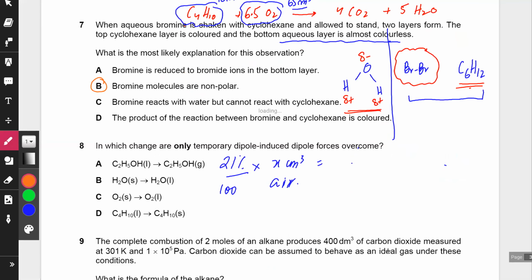Now you'll ask, in which change are there only temporary dipole, induced dipole forces? First one, what type of intermolecular forces are there? Temporary dipole, induced dipole, plus the permanent dipoles? No, not permanent dipoles. When you have OH bonds, what intermolecular forces exist?